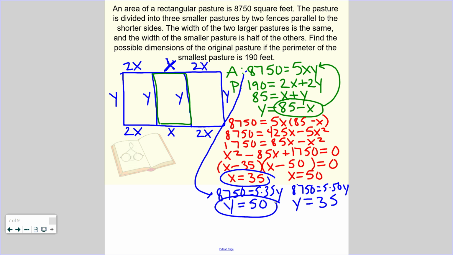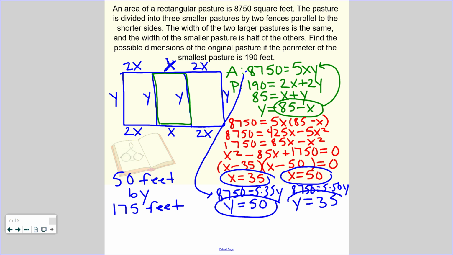Now going back to the problem, it asked to find the possible dimensions of the original pasture. The original pasture then would be y, which is 50 feet, by 5x, and x was 35, which was 175 feet. And actually, there might be a second solution if I plug it in the other way around.